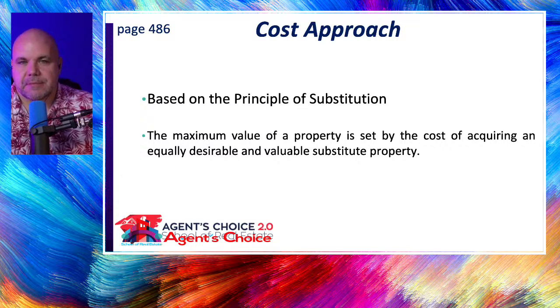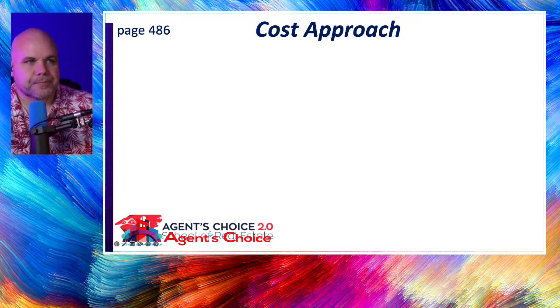So it's really worn out. So you would figure out how much would it cost to build a building just like this today? And then how bad is it that we need to depreciate for the fact that it's in such disrepair? So it's based on this principle of substitution. How much would it cost to get something equally desirable and substitute?